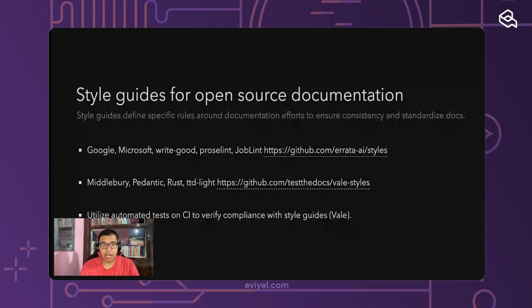A lot of the projects that I have been contributing to particularly use these style guides to make sure that all of the language is consistent and everything is pretty standardized inside these docs as well. And one of the primary platforms that heralds this is Errata AI's Vale. Now, Vale is a syntax-aware prose linter that I'm basically recommending every documentation team to use.